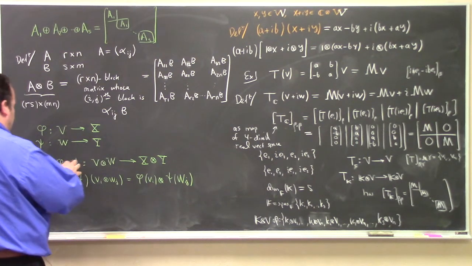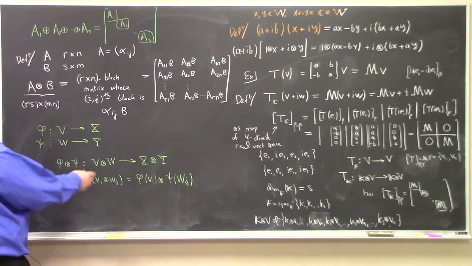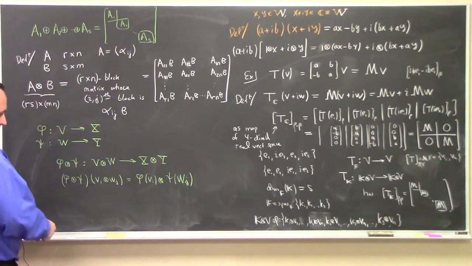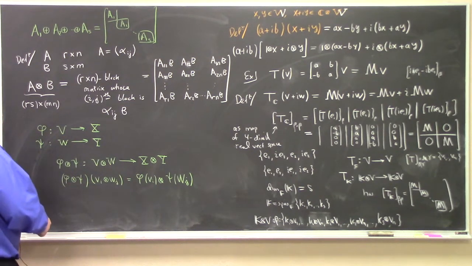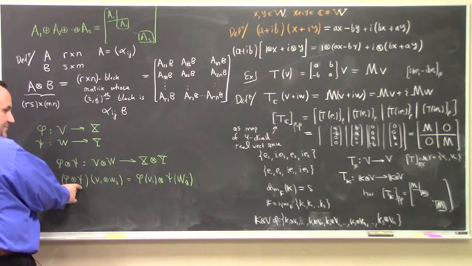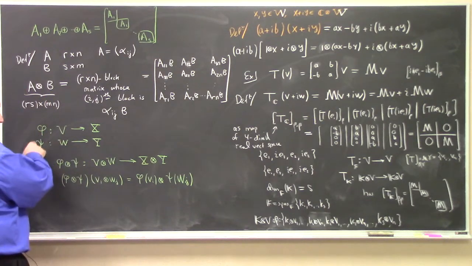If you look at the natural tensor bases for this and that, just ordering things in the natural way, then the matrix of phi tensor psi ends up being the Kronecker product of the matrix of this map with that map.